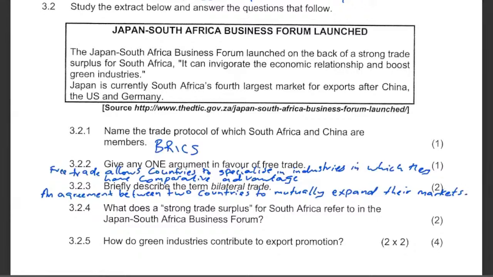Okay, right. So now let's check 3.2.4. So now 3.2.4 reads as follows. What does a strong trade surplus for South Africa refer to in the Japan-South Africa business forum? So now if you still remember, there's a forum that was launched according to this extract. So now Japan is one of South Africa's most important trade partners and a leading investor in a number of South African sectors. So now Japan invested in mining, machinery, agribusinesses, and financial services.